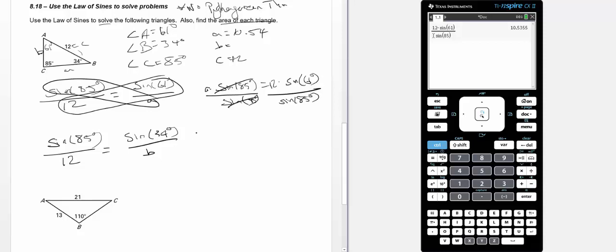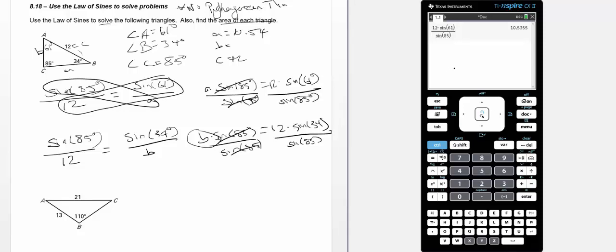Again, I'll cross multiply and get b times the sine of 85 is equal to 12 times the sine of 34, divided by sine of 85. Now side b is equal to this fraction, 12 times sine 34 over sine 85.